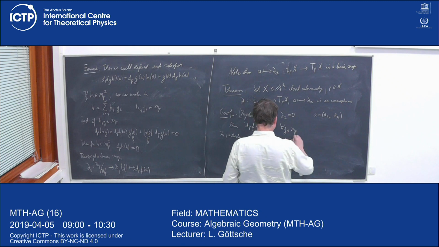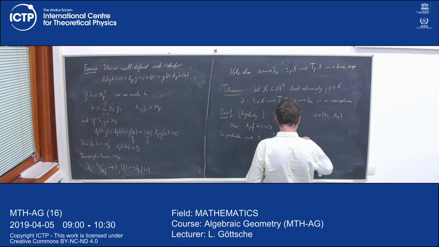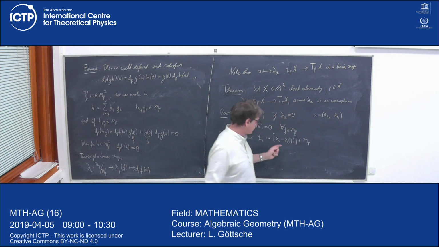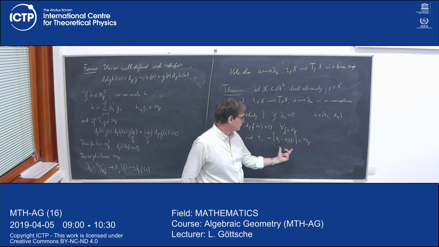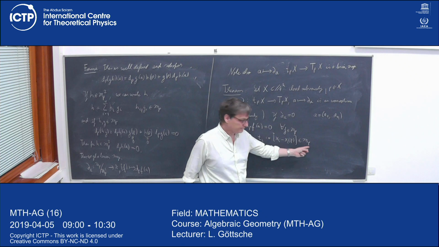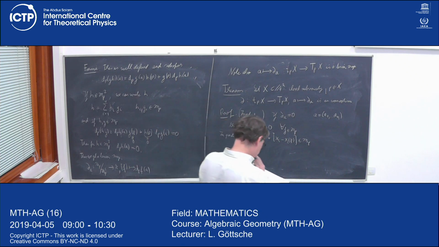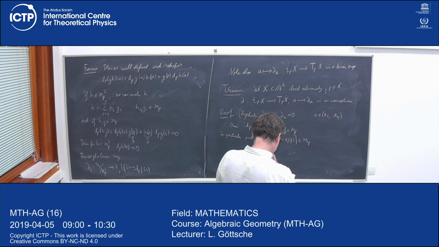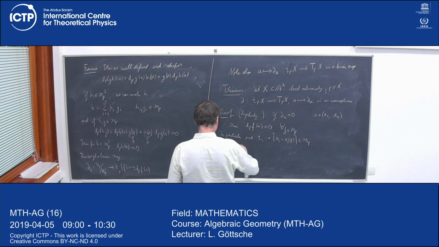And I take its class in M_P. So x_i is a polynomial, so it's certainly a regular function. If I subtract its value at P, it is 0 at P, and so it lies in the maximal ideal. I take its class. And so we have that d_P T_i of A is equal to 0.